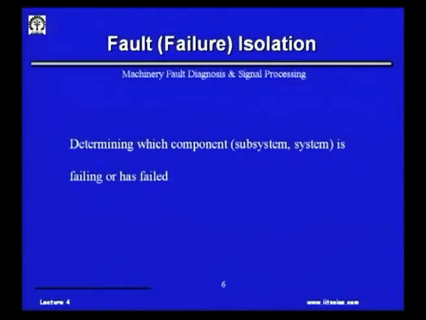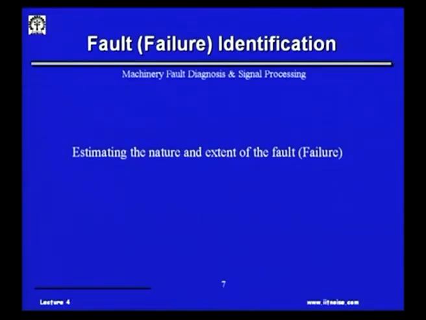Next is fault or failure isolation, determining which component, subsystem or system is failing or has failed. Next is fault or failure identification, that is estimating the nature and extent of the fault.